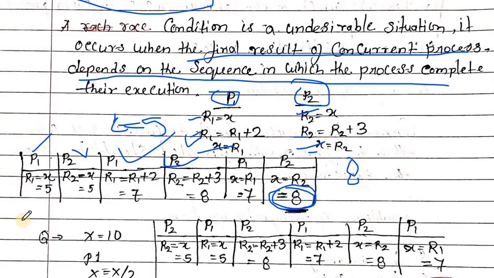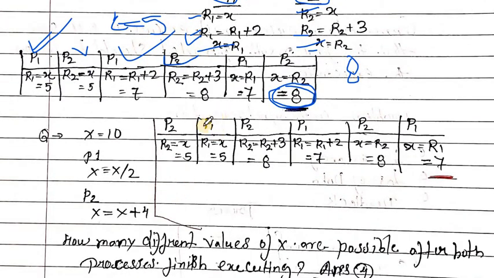And that was if we execute P1 first, then P2, then P1, then P2. In the second manner, we can run the processes differently. First we give the chance to P2, then P1, then P2, then P1, then P2, then P1. When P2 gets the first chance, X is equal to 5, then preemption happens. For P1, X is equal to 5, same thing.